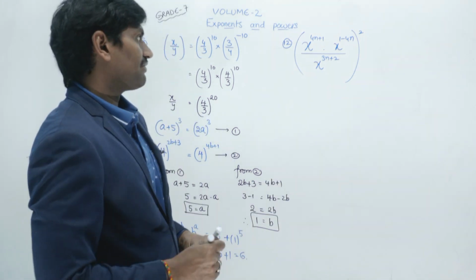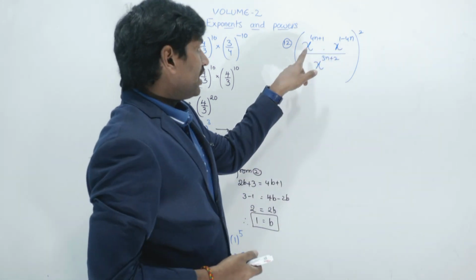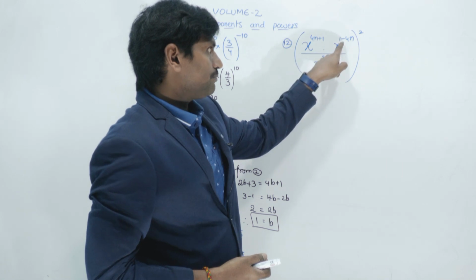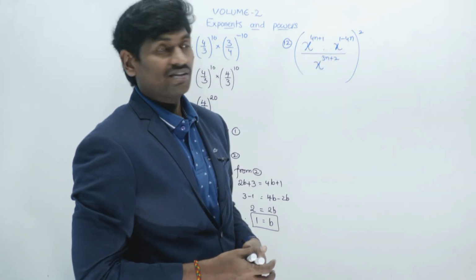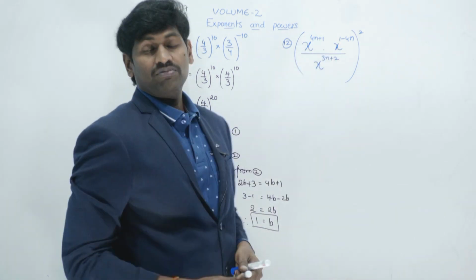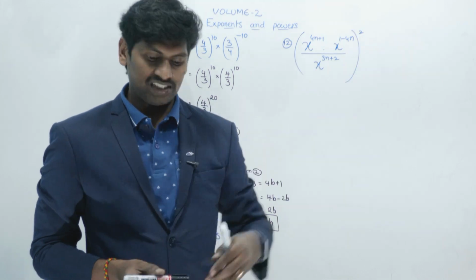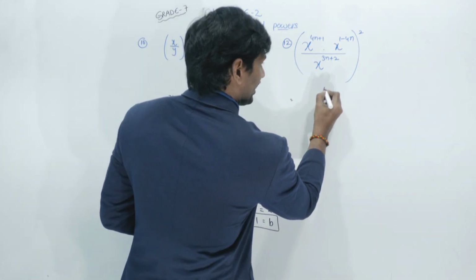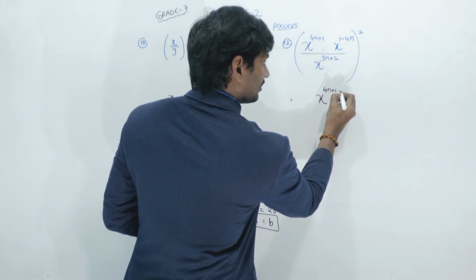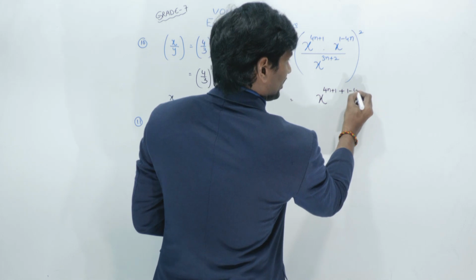By using the laws of exponents only, let us apply to the numerator. In the numerator, x power 4n plus 1 and x power 1 minus 4n both have the same base x, with a multiplication symbol between them. First law of exponents: a power m into a power n is nothing but a power m plus n. So based on this I can add the exponents. 4n plus 1 plus the second exponent 1 minus 4n.